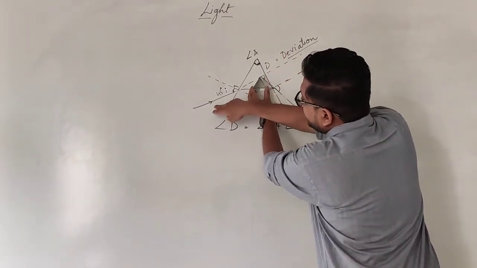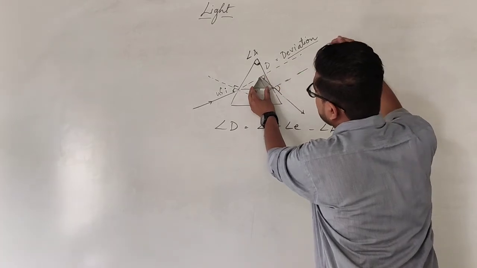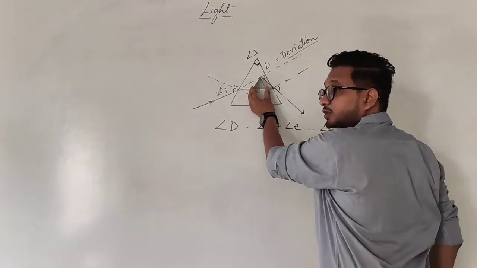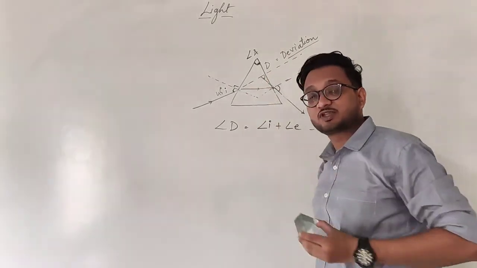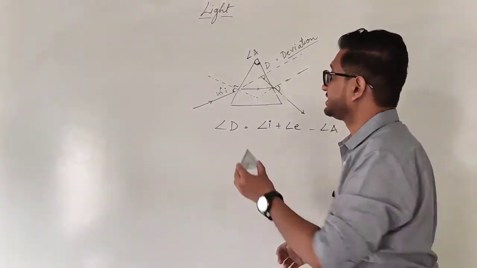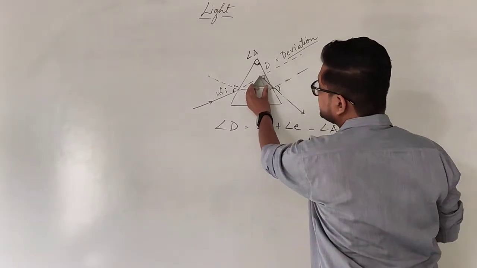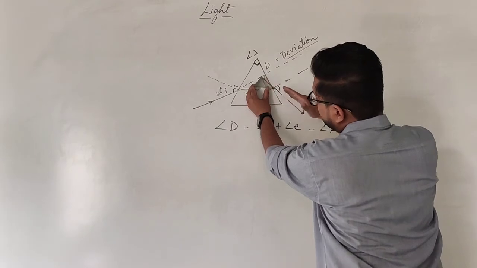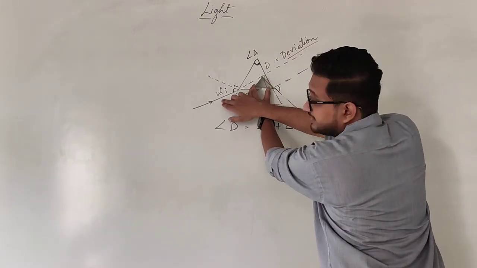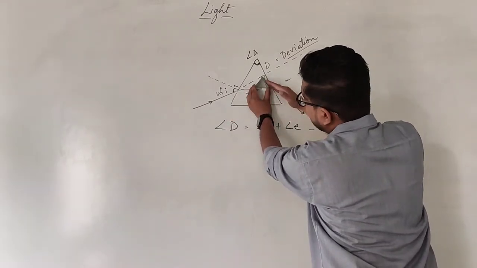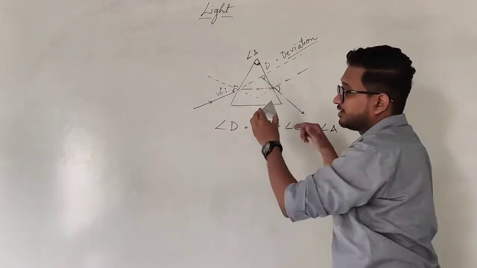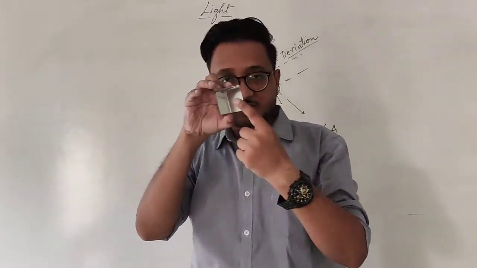But the ray of light entering is supposed to go this way. So when you observe this, you won't be able to see it because the path of the pencil has been deviated. So in order to observe this, you will have to observe at an angle. So observe this pencil line from this angle, and you will see that there is a line that you can observe from this particular side.